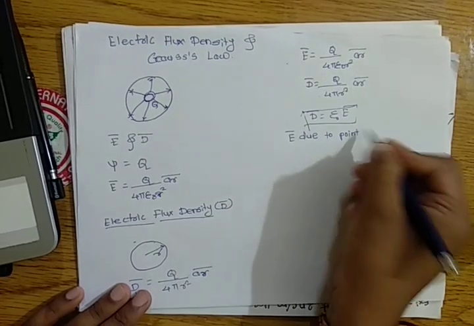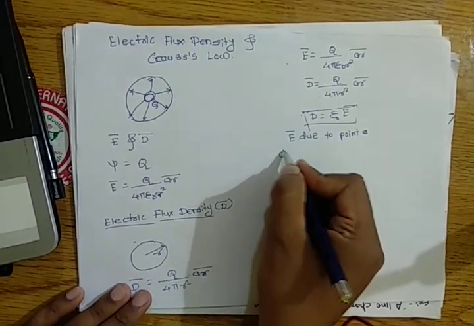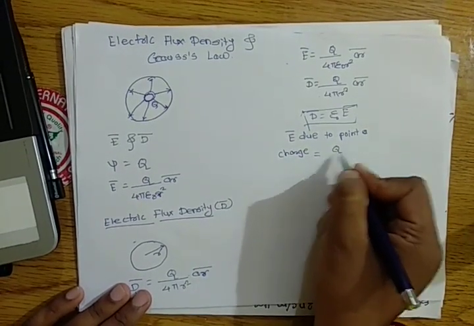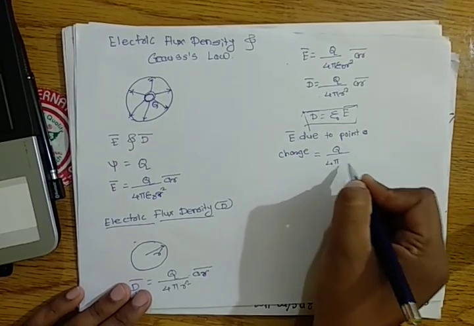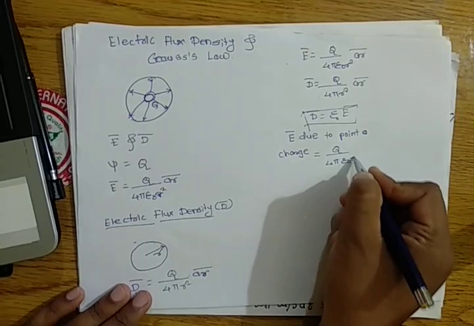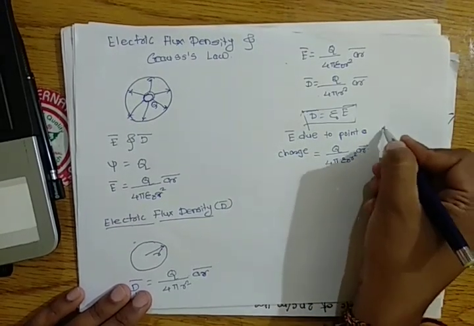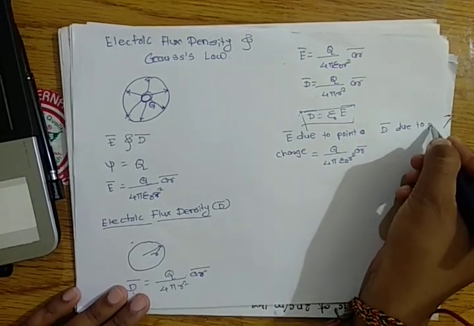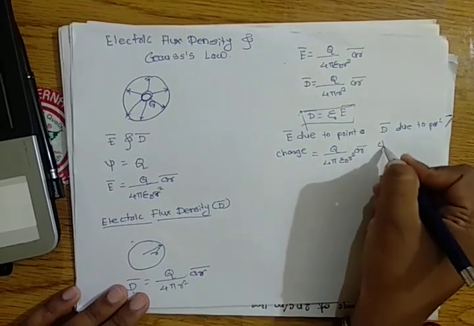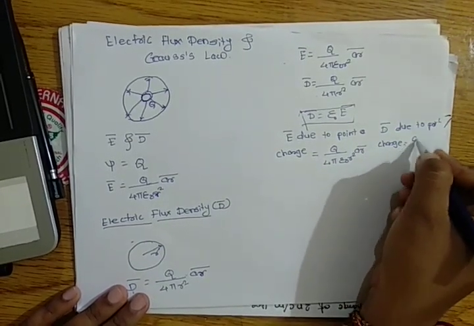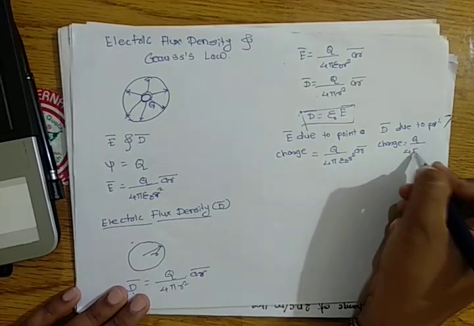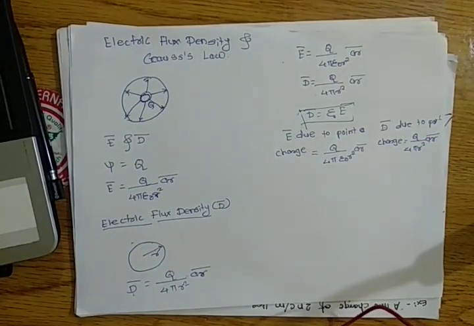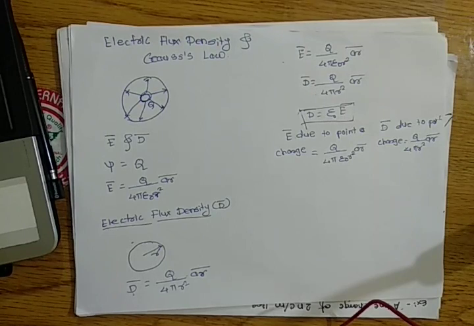E bar due to the point charge is Q divided by 4 pi epsilon 0 r square a r bar, and D bar due to the point charge is given by Q divided by 4 pi r square a r bar. You just have to remove epsilon 0 and you will get D bar is equal to Q divided by 4 pi r square a r bar.